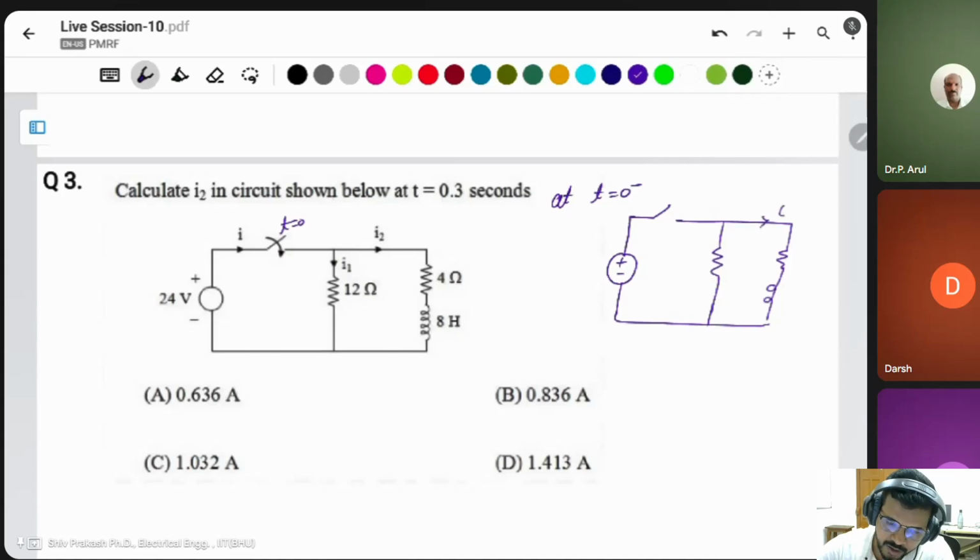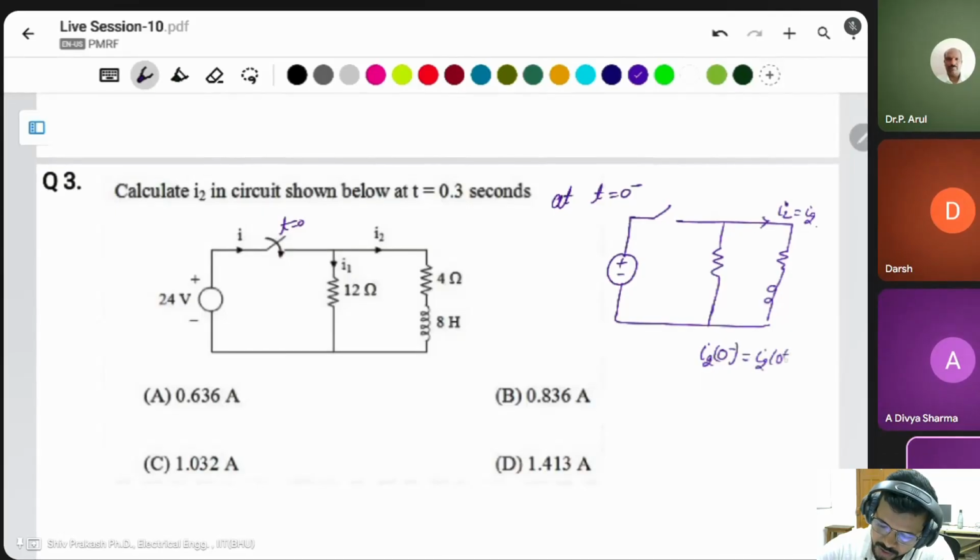In this condition, I2 is the same as IL. I2(0-) is equal to I2(0+), it will be 0. Initial current will be 0.